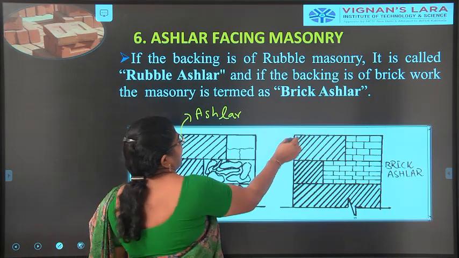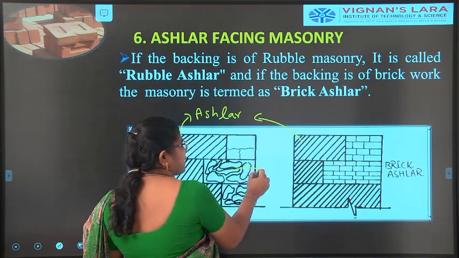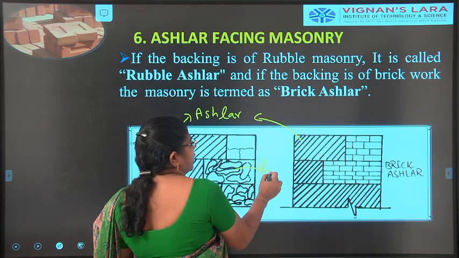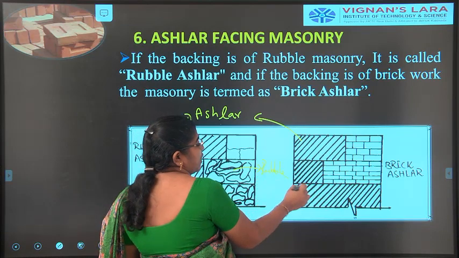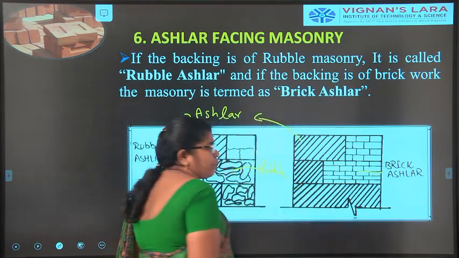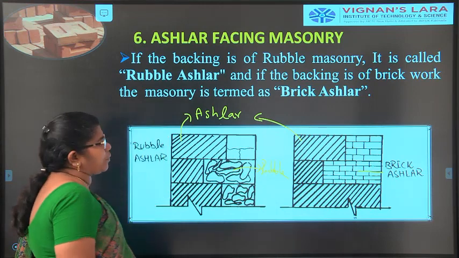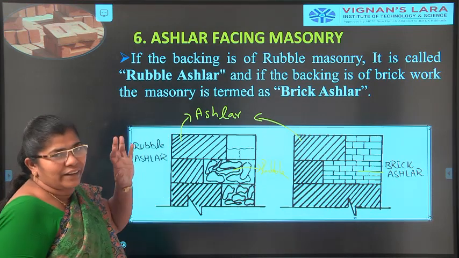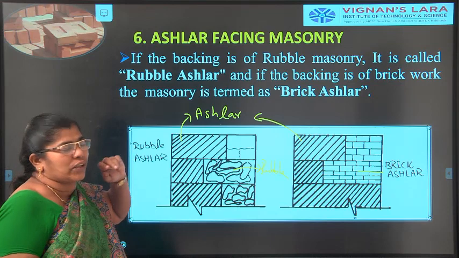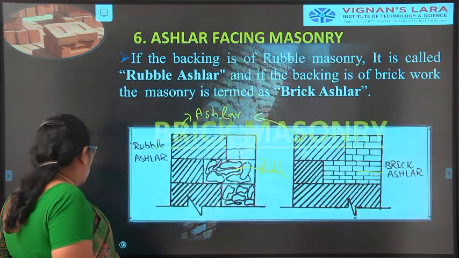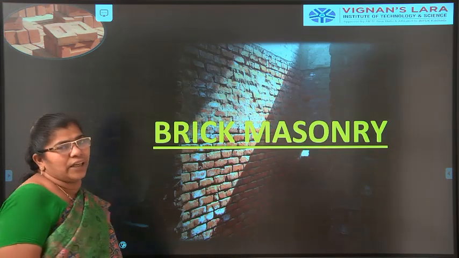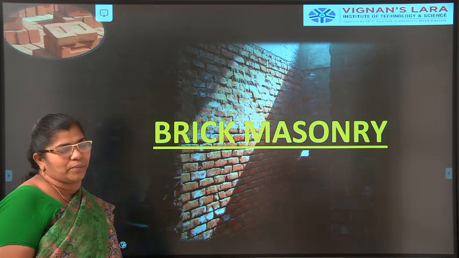So this is all ashlar. In between is rubble, which is not undressed stone, or it is made up of systematic brick. This is another type, where we can have a very good look of stone outside, but inside we reduce the cost.